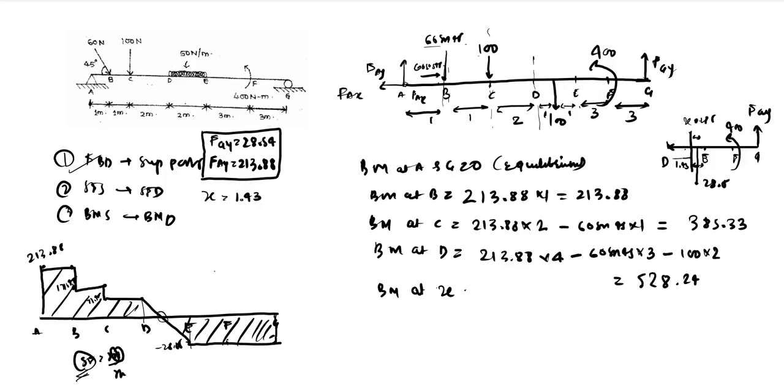And the moment at that point will be nothing but FGY into the distance, which will be E to G, which is 6, plus 0.57. So 6 plus 0.57, we have 6.57.